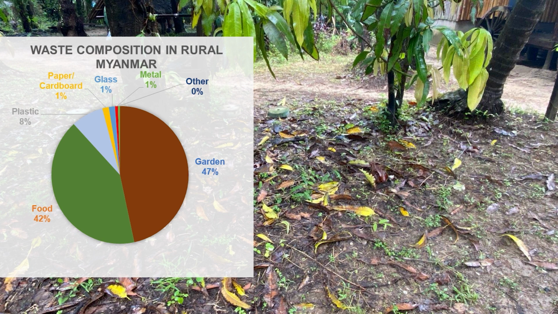Half of this is coming from the garden, which are leaves and branches, and the other half is then mainly food waste. If we would collect this waste as well, our collection system would have to be at least 10 times larger. In that way, it is really important to make sure that organic waste is not entering your collection system.